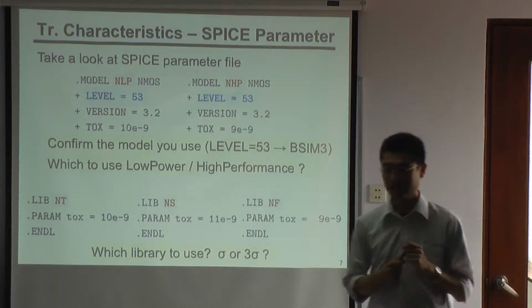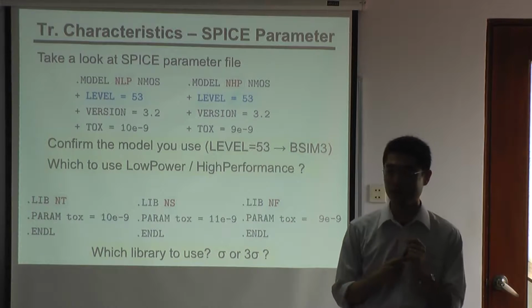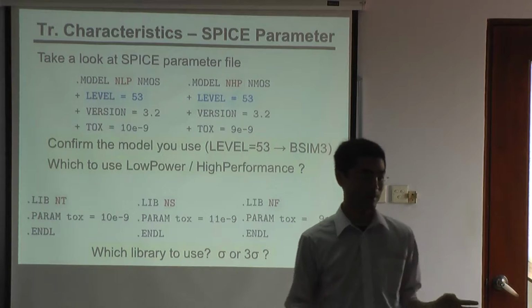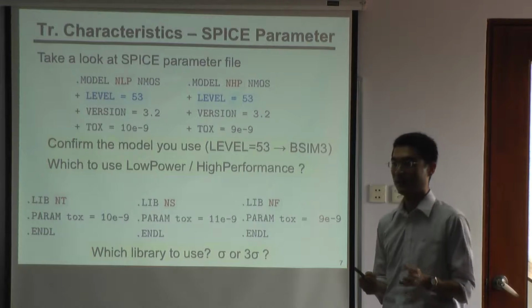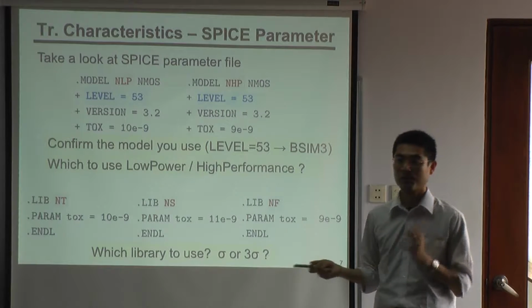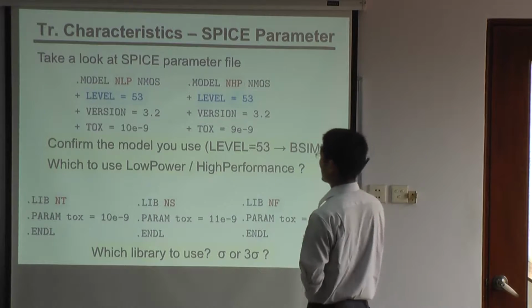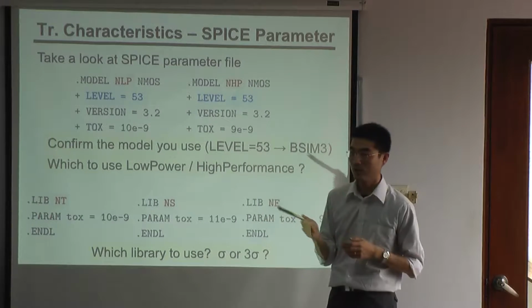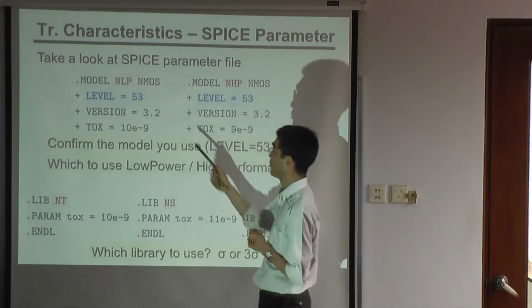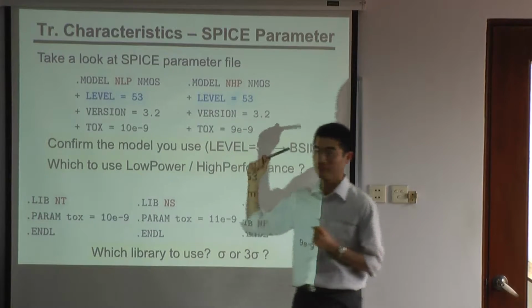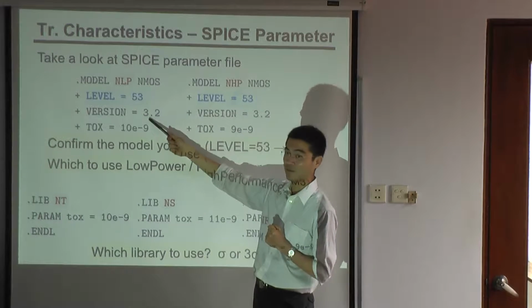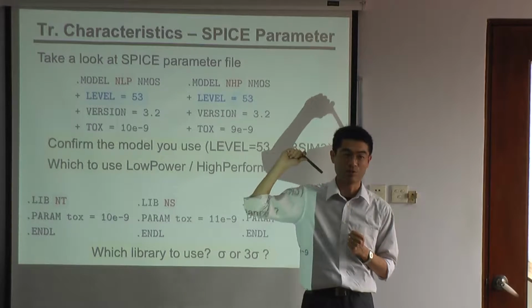Okay, now we decide what we design and we decide what kind of rules we have. And then you will have SPICE parameters first. Take a look at the SPICE parameter file, and you will see what kind of model we use. We use low power MOS transistors or high performance MOS transistors.